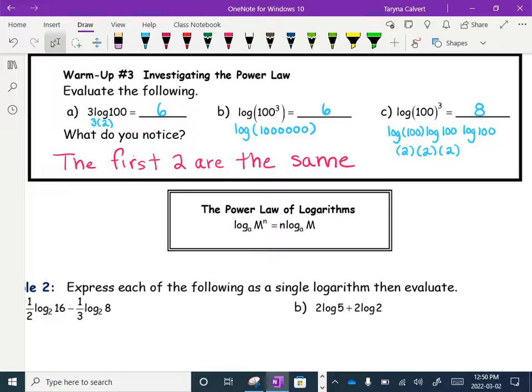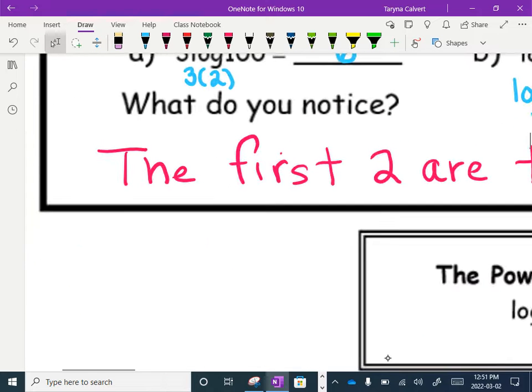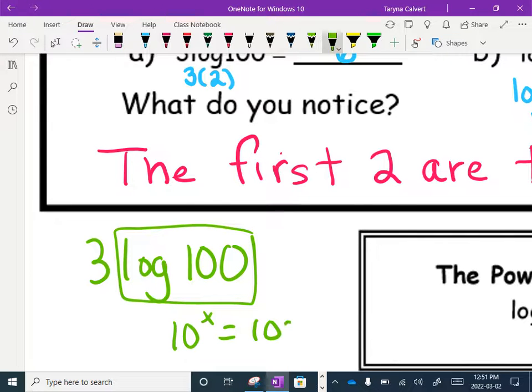About what, sorry? Like how to evaluate it? So A, remember from last class, 3 log 100, like how to evaluate it without a calculator? Yeah. This is asking logs mean exponents. So this is saying 10 to the exponent of what equals 100, right? So 10 to the exponent of what gives me 100? 2.